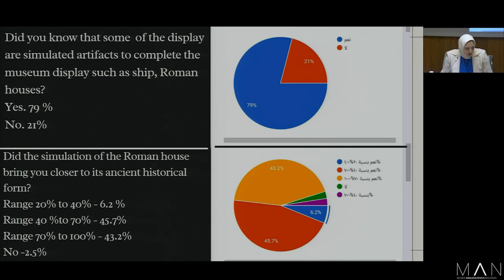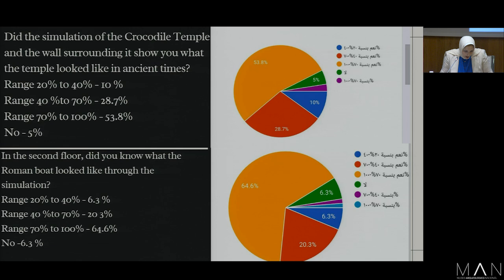Did the simulation of the Roman house bring it to its ancient historical form? 43 said yes, 50-50. Did the simulation of the crocodile temple and the walls surrounding it show what the temple looked like in ancient times? Half of them said yes.